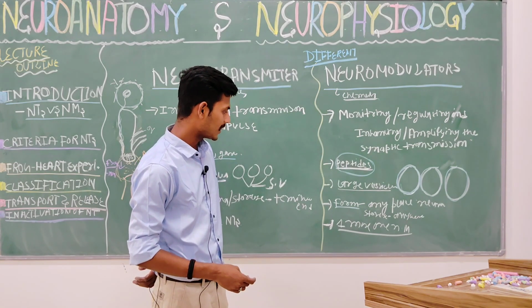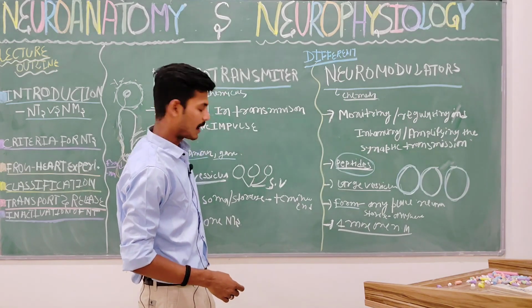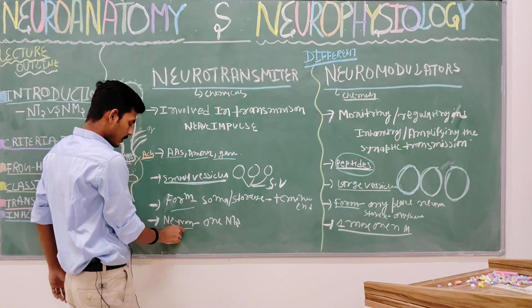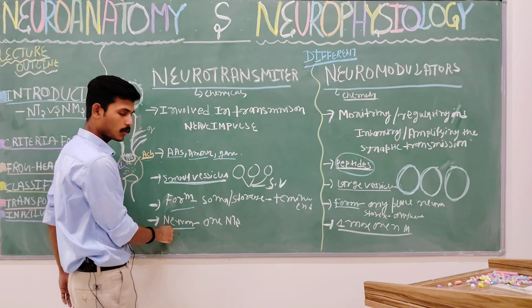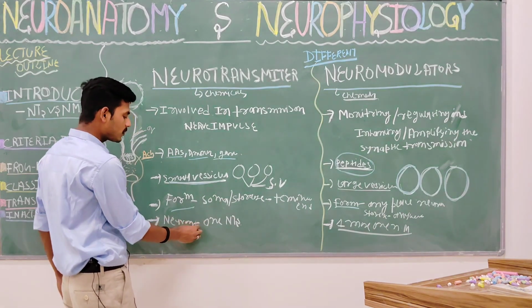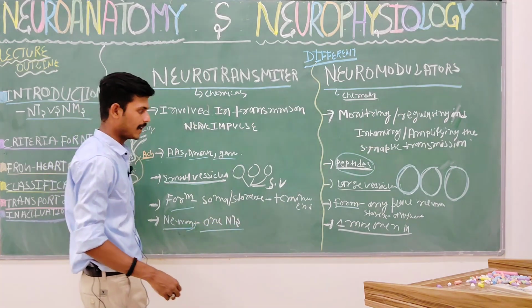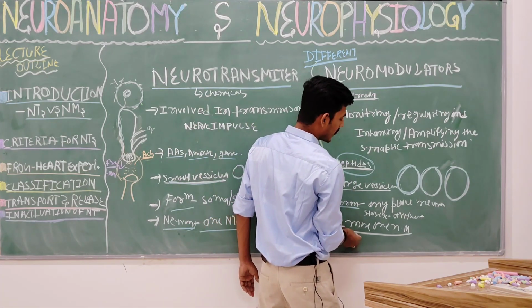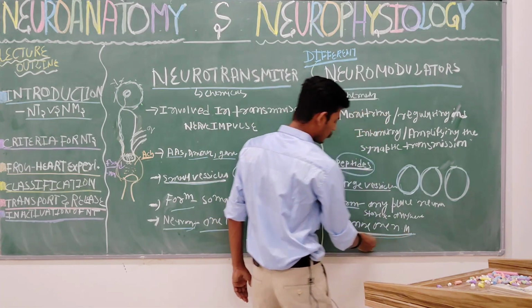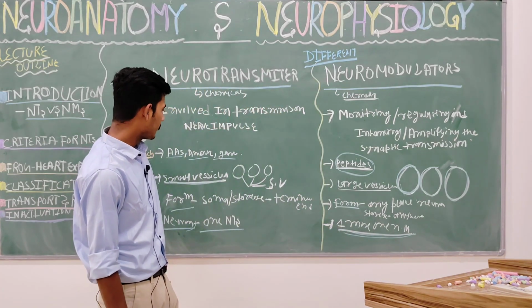Another difference: neurons, generally speaking, though you will come across neurons which secrete multiple kinds of neurotransmitters, generally secrete and store one kind of neurotransmitter. But neuromodulators can be one or more than one kind. Fine, no problem.